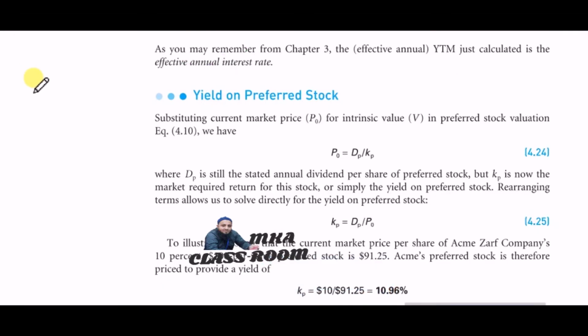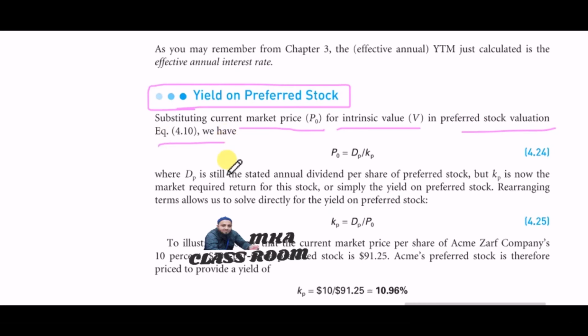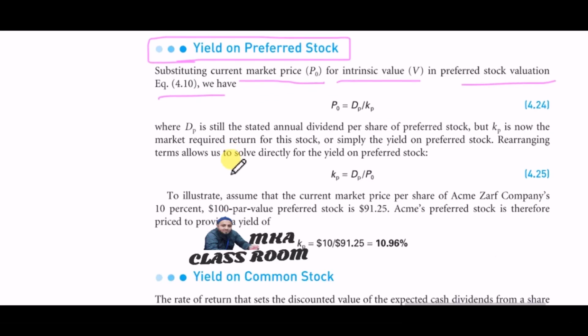Then we will see yield to preferred stock. Here we substitute the current market price P0 for intrinsic value V in the preferred stock valuation model. So the formula for the yield of preferred stock, KP, the required rate of return on preferred stock, equals DP divided by P0.